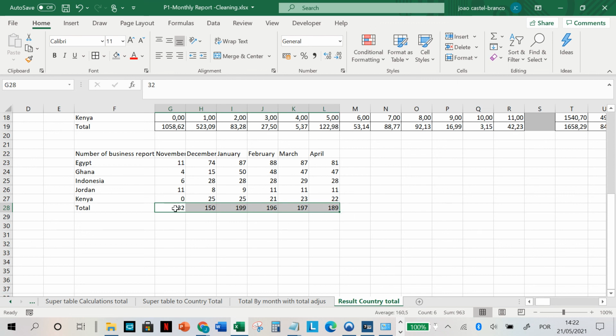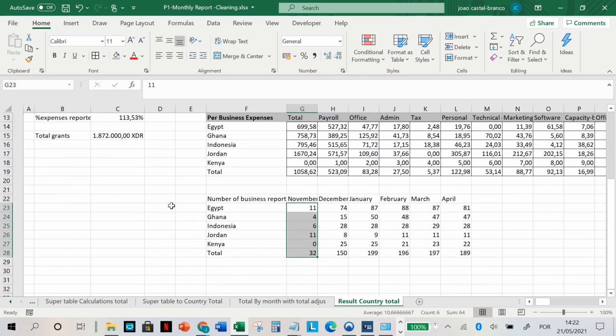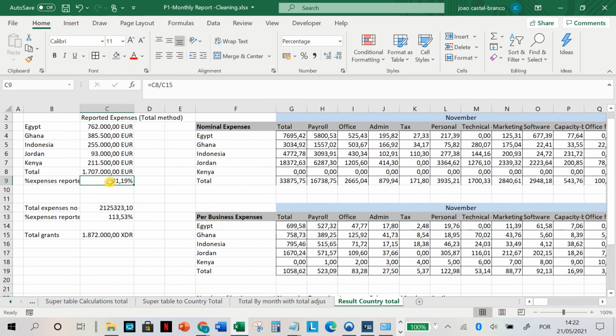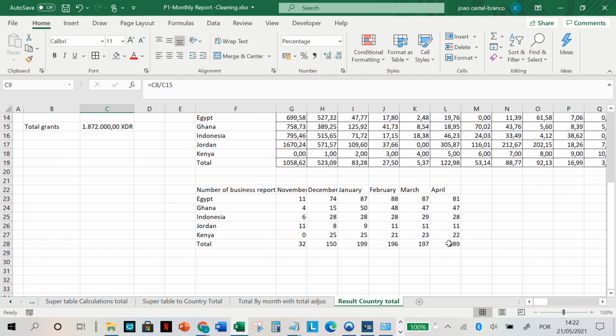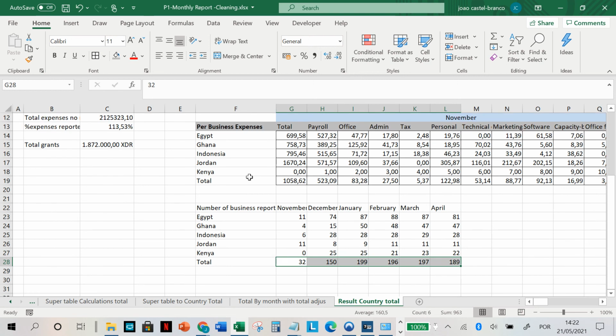So the difference between 208 and this is the number of businesses that didn't report any expenses. So it is normal that this value is 90%, because this average is going to be 90% of all the possible expenses. These are counts of businesses reporting any expense.